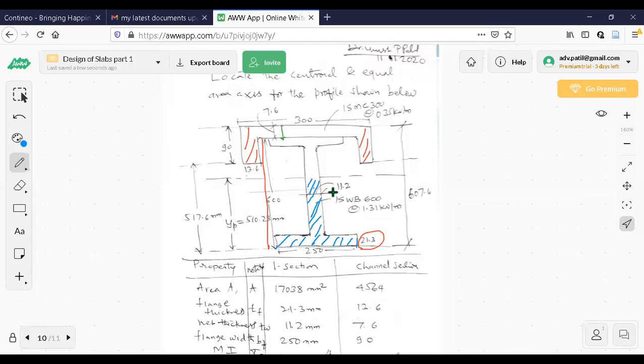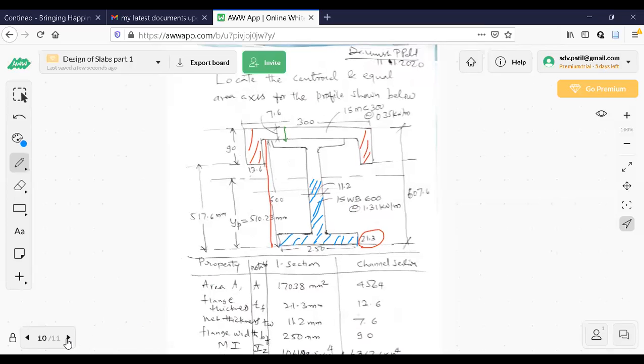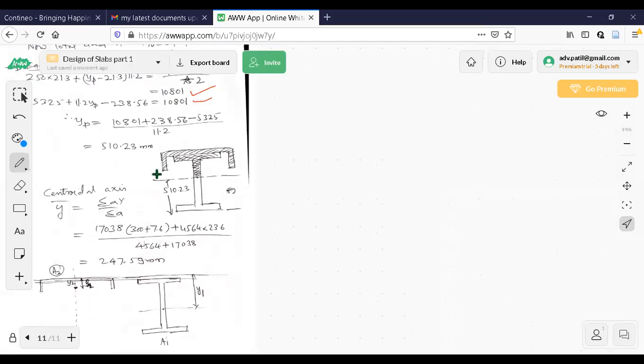If this is the equal area axis line, whatever portion is below must be equal to the portion above in terms of area. So I'll calculate this area, two rectangles, and equate it to A by 2, which is 10,801.